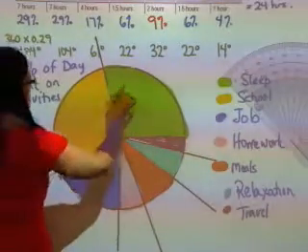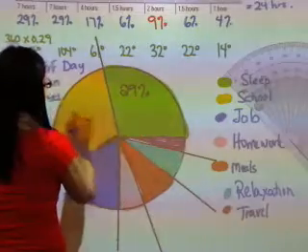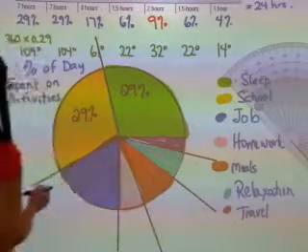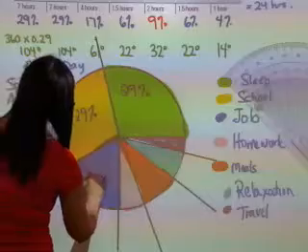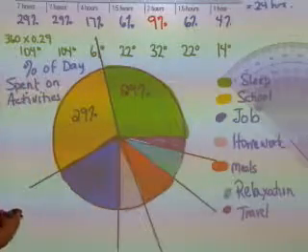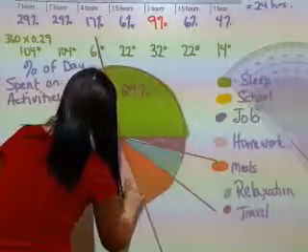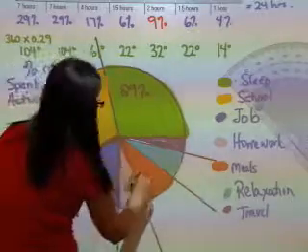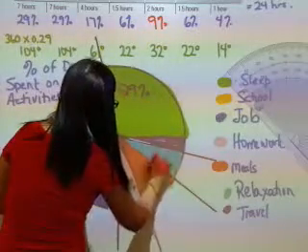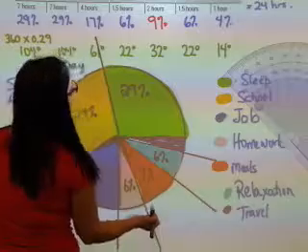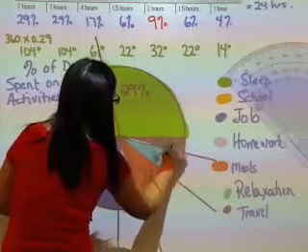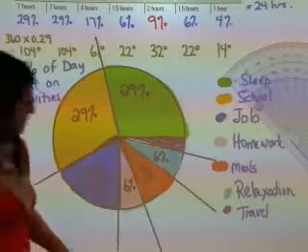So 29% was sleep, 29% on school, 17% was spent on her job, 6% on homework, 9% on meals, another 6% on relaxation, and then 4% on travel.